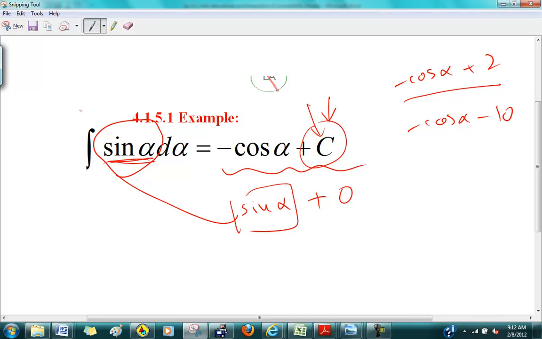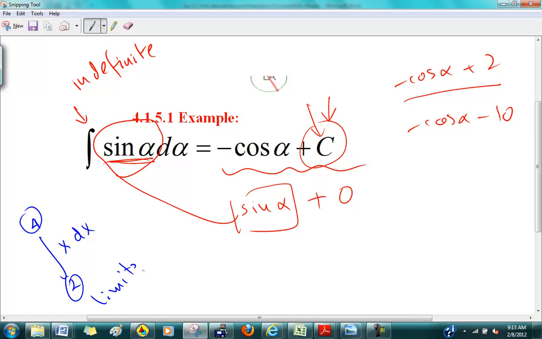Now, this integration that you have is called an indefinite integral, because you'll see another kind later that will be like this, where you've got numbers at the top and at the bottom. These are called the limits of integration. It's the same thing.